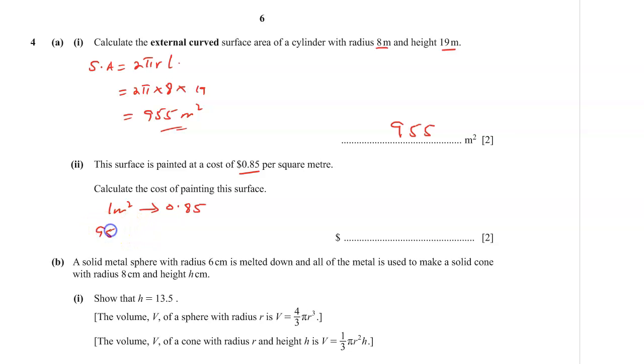So 955 meters squared will cost so much, and then you cross multiply, so you arrive at the same thing. 955 times 0.85 will give you 811.7875, approximately $812.